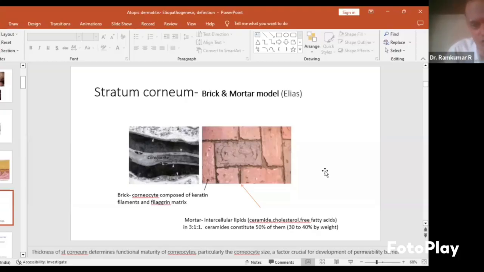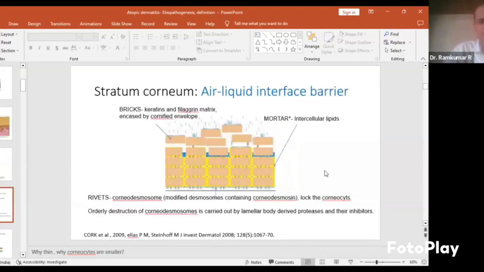This I am talking about the corneocyte, in which you have to retain the water, surrounded by a thick shell, a proteinaceous cell. It's a better representation by Cork, who proposed this model in 2009.